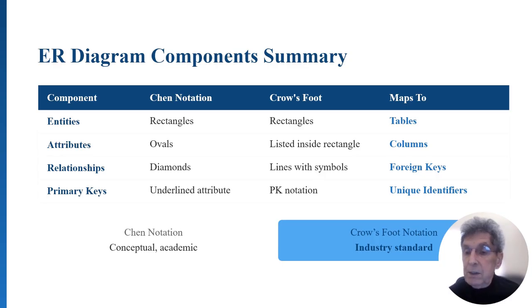It's explicit and educational, but takes up space. Crow's foot puts attributes inside entities and uses line endings to show cardinality. It's much more compact, and it's the industry standard. Both convey essentially the same information. You should know both, but most tools favor crow's foot.